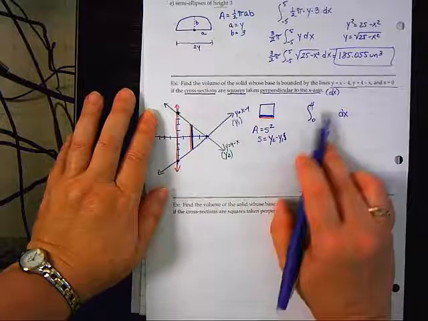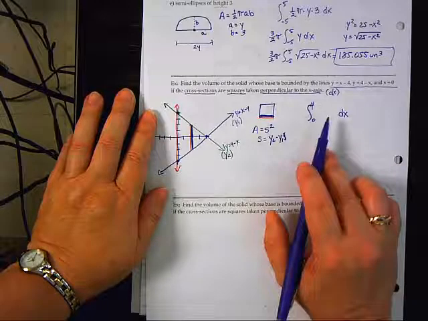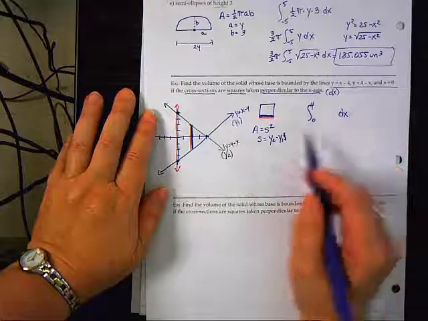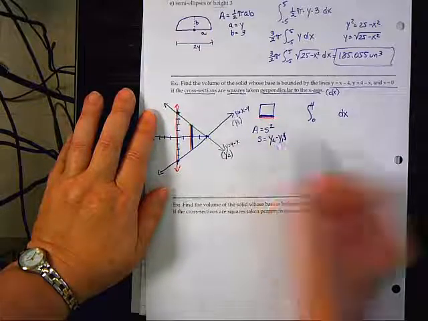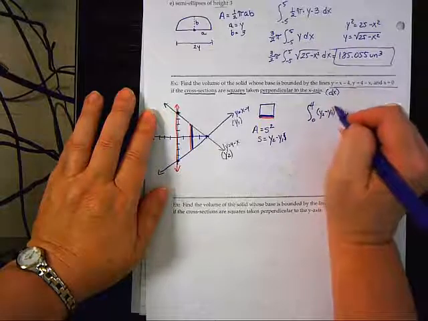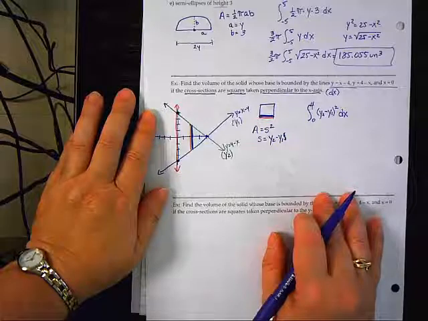In here goes the formula for the area, which is s squared. Now you can write s squared if you want to, but I'm going to skip that step and put in the y's. So it's going to be y2 minus y1 squared. Does everybody see how I got that?